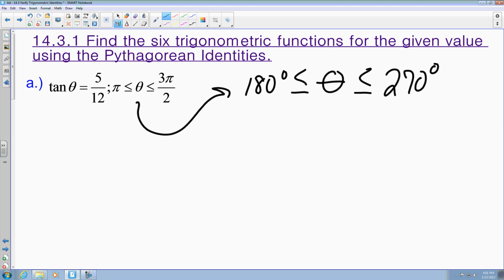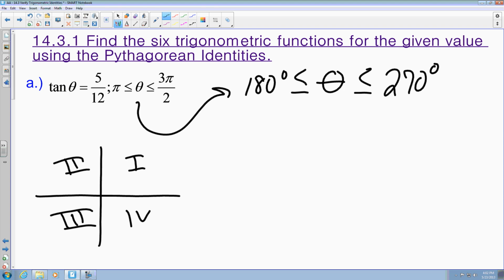So when you're doing a problem like this, theta is going to be in the third quadrant. If I make a graph here, this is the first quadrant, this is the second quadrant, third, and fourth.